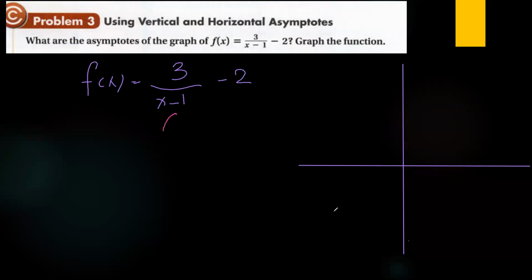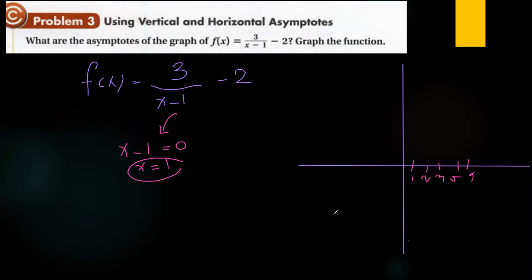Find the zeros of the function: x minus 1 equals 0, so x is 1. Is x equals 1 the vertical or the horizontal asymptote? The vertical. Good job. So at point 1, I have the vertical asymptote.